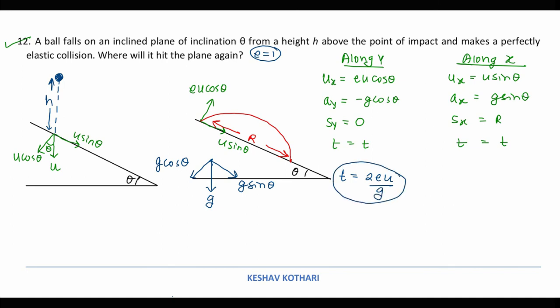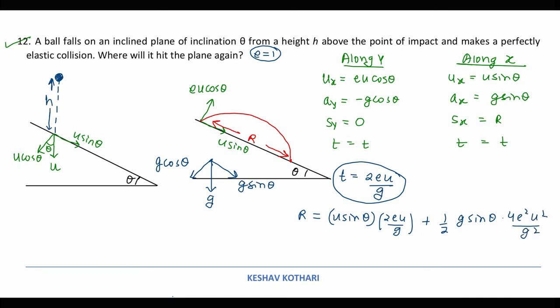And if I substitute this value of time in this expression, we get the value for range r, which is equal to u sin theta into t, that is 2eu by g, plus half g sin theta t square, and t square is equal to 4e square u square by g square.